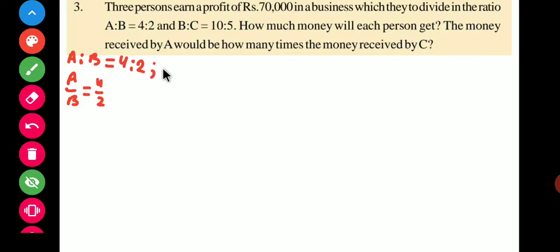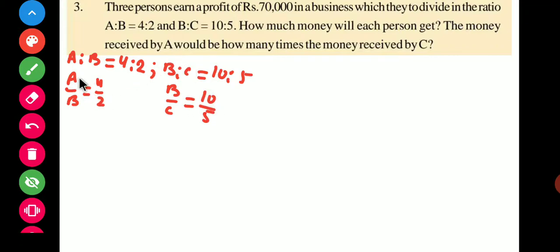What about B:C? It is given as 10:5. So we can write B upon C is equal to 10 upon 5.